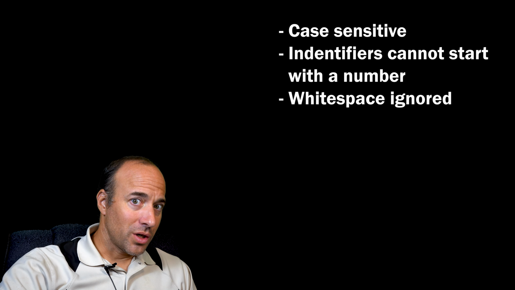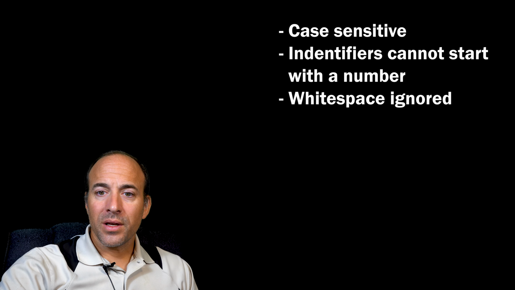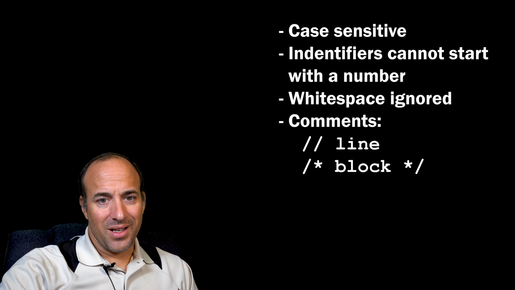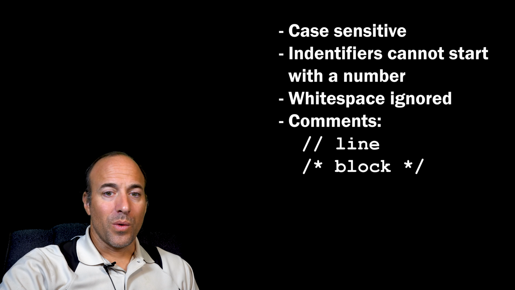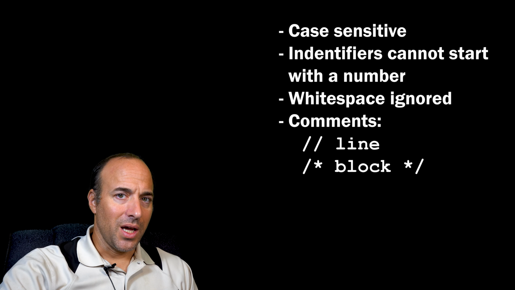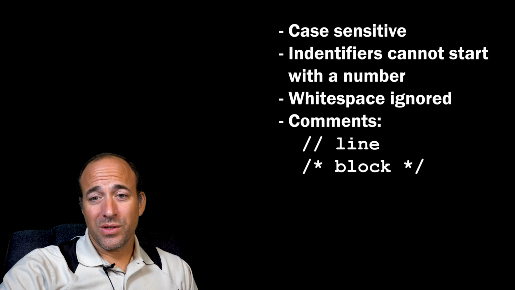White space is ignored, and comments follow the same rules as Java and C, in which line comments start with // two forward slashes, and block comments start with /* and end with */.